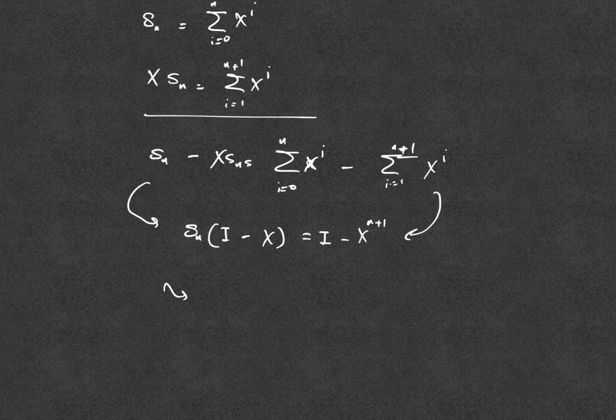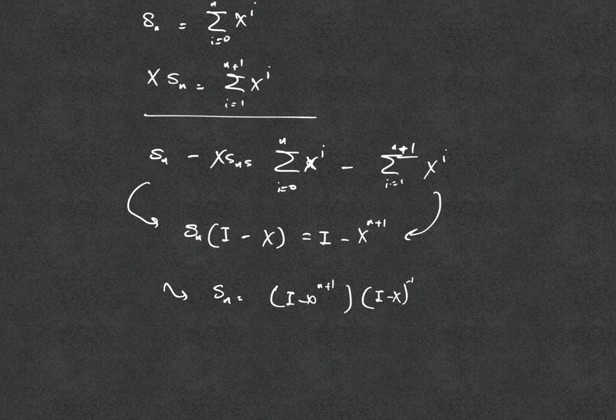So if we multiply the inverse from the right, given the assumption that we had that I minus X is non-singular, we can say that S_n is (I minus X^(n+1)) times (I minus X) inverse.